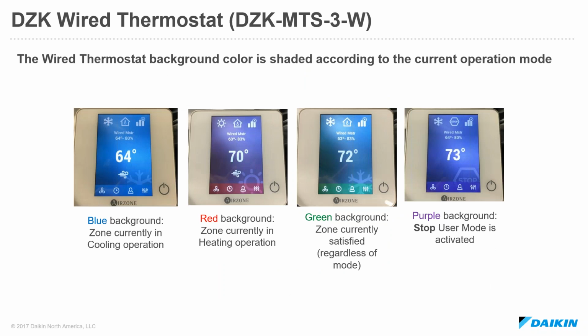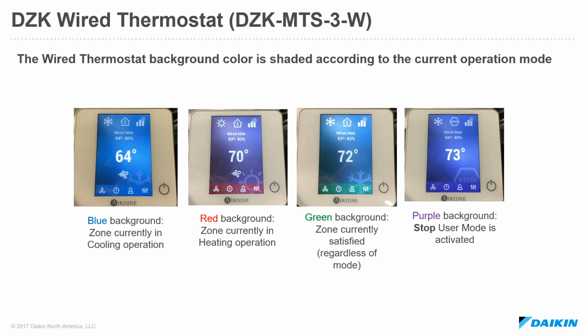So I'd like to point out that the background of the wired thermostat screen, the color shade of that thermostat, will change depending on the actual operation mode of the zone. As shown in the examples on the screen here, when the DZK is in cooling operation, we can see the little snowflake icon at the top left of the screen.